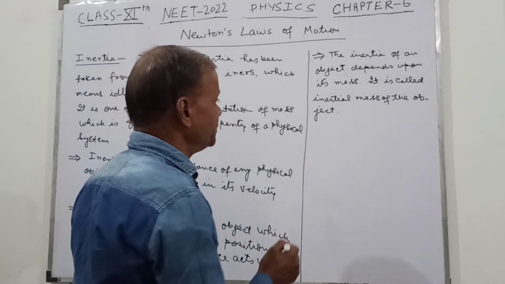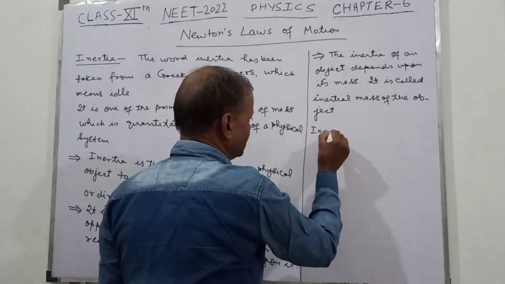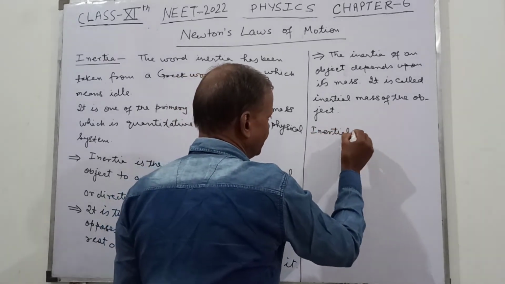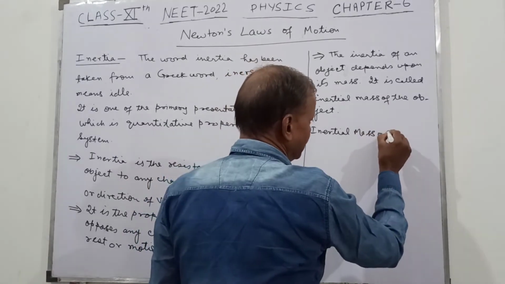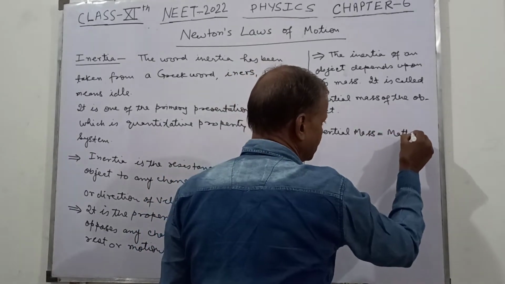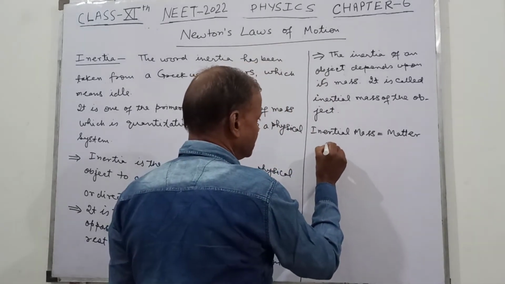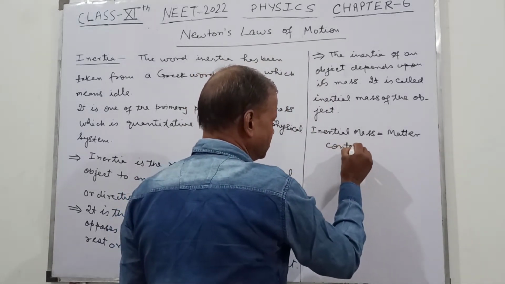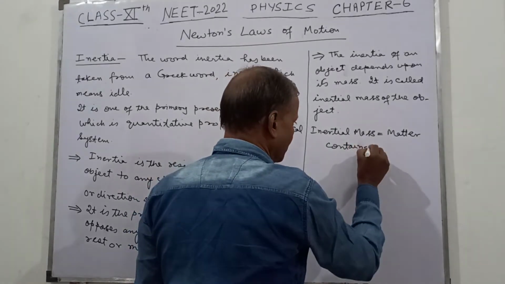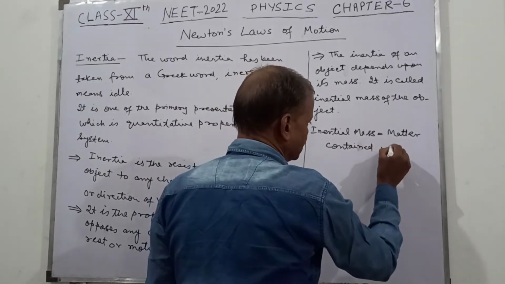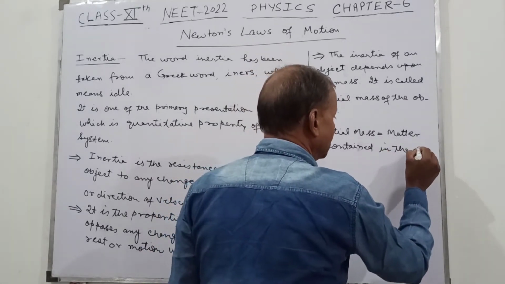So inertial mass is equal to the matter contained in the body, contained in the object.